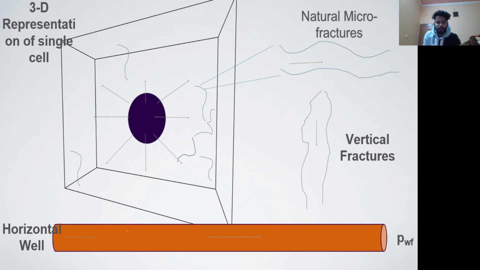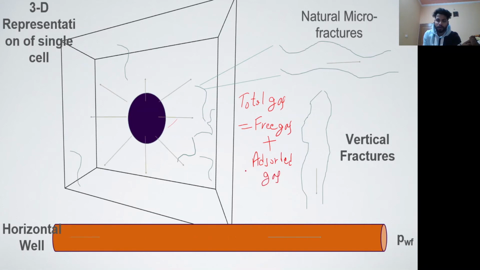so you can see here how production is taking place through vertical fractures, then through natural microfractures, and then once critical desorption pressure is reached, the gas from the system will start getting desorbed, and it will also start getting produced. So the total gas that you are producing from the system is basically your free gas plus your adsorbed gas.